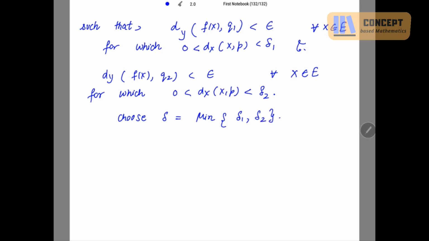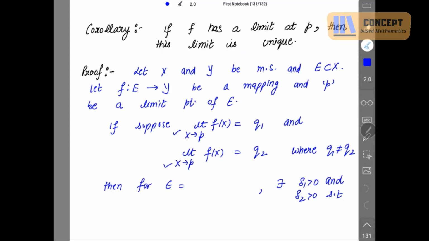Fine. Okay. Now what should I take my epsilon to be? I have to prove the result. So I let my epsilon be equal to the distance in Y between q1 and q2 divided by 2.